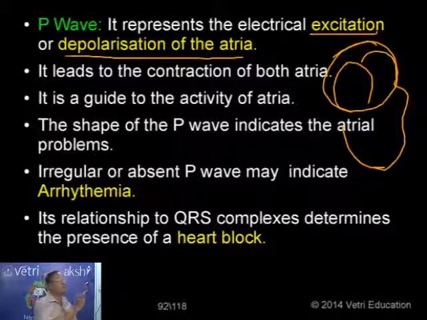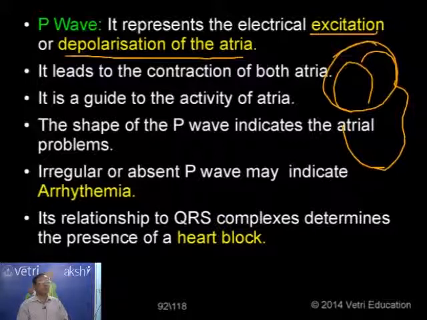The P wave is a positive wave, running above the baseline, as we'll see in the picture, and it represents the atrial activity. That's why it is a guide. Normally, if the shape of the wave is different from the standard curve, it indicates some problem in the atrium. If it is abnormal, that indicates atrial problems.